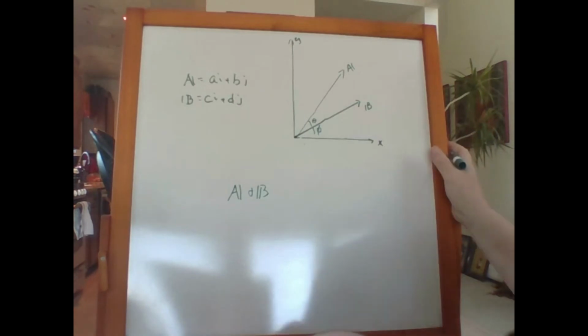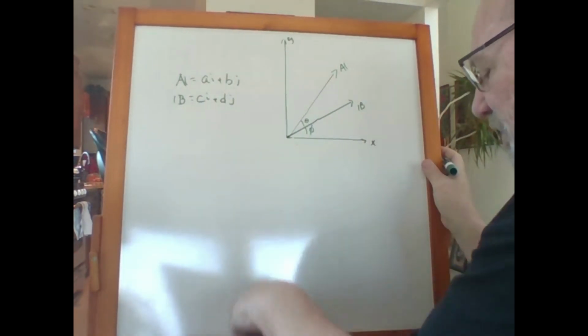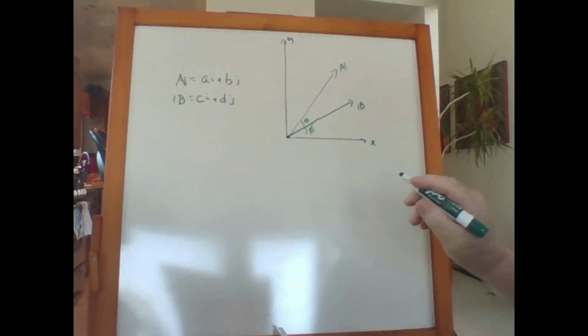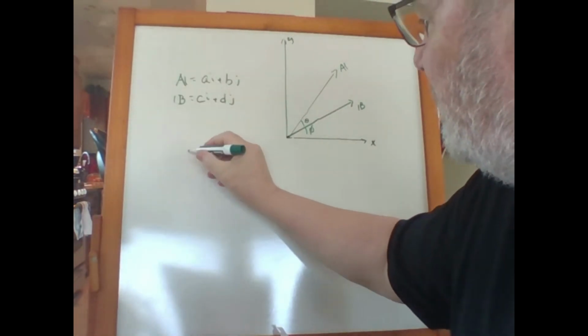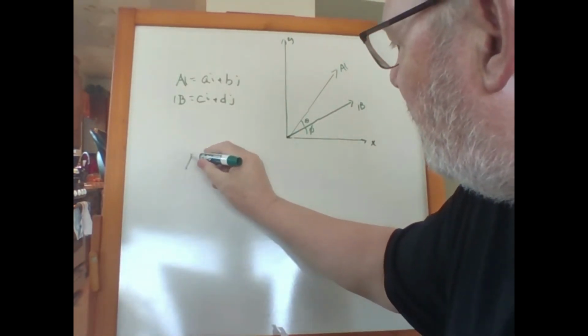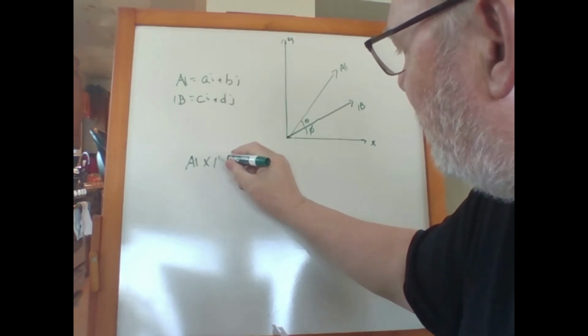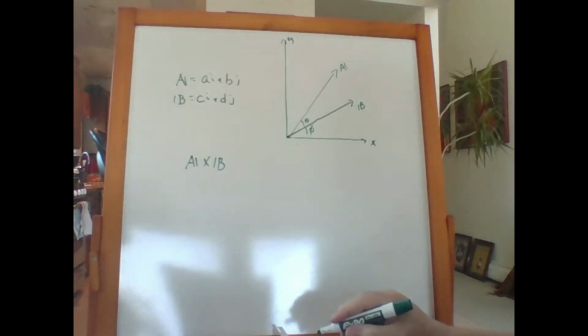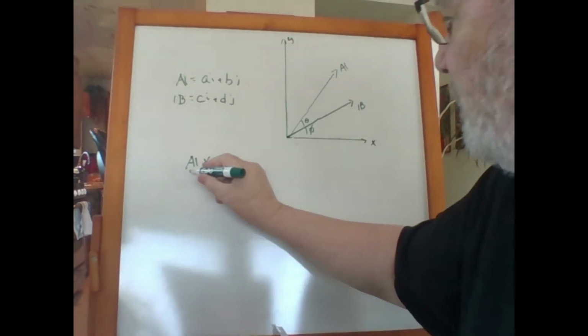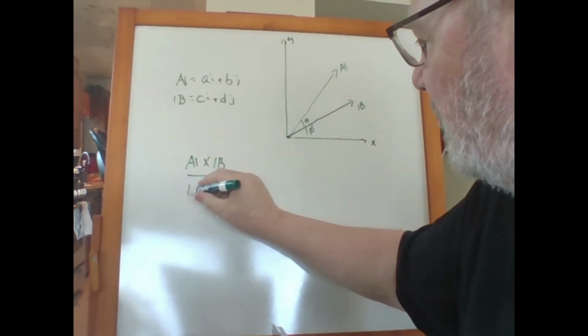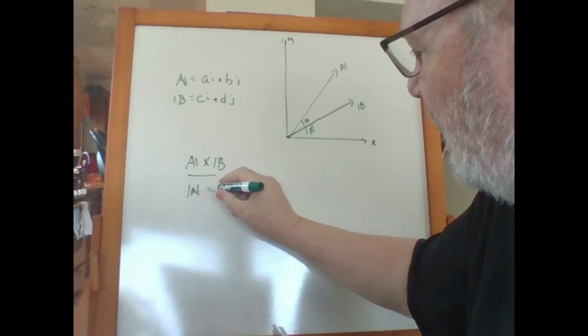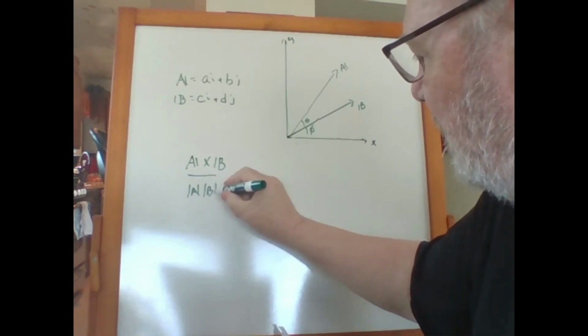Okay, and now we have A cross B. Well, what if we did that on the magnitudes of A and B?